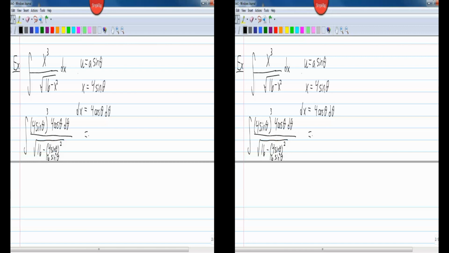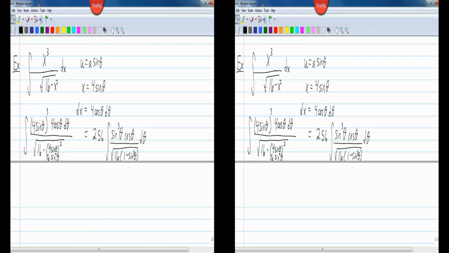Okay? So let's see, we have 4 to the third times 4 to the first, that's 4 to the fourth. So 4 to the fourth is 256. So I'm going to write that on the outside of the integral. So it's 256 times sine cubed theta times cosine theta over the square root of, I'm going to factor that 16 out, that's 16 times 1 minus sine squared theta.